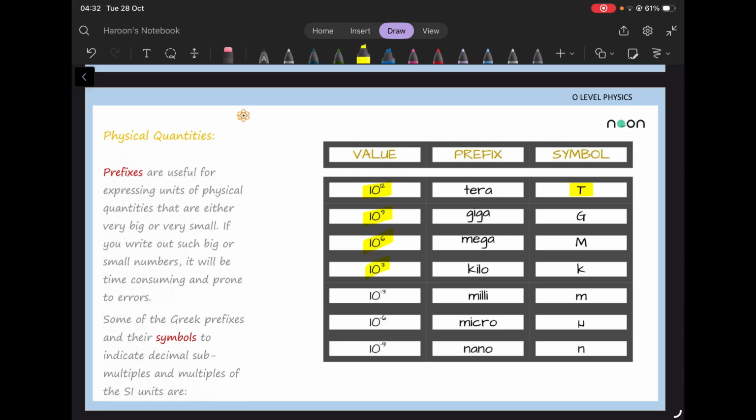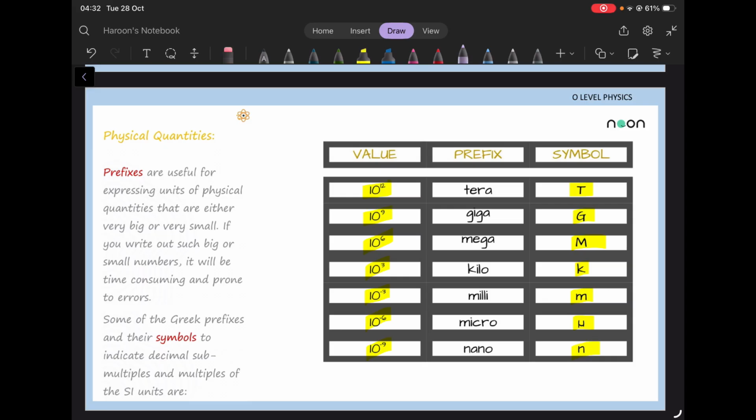You can see uppercase G for giga, uppercase M for mega, and lowercase k for kilo, not uppercase, lowercase. For milli, we have 10 raised to power minus 3 and lowercase m. Micro is 10 raised to power minus 6, and this is the symbol for micro. And for nano, 10 raised to power minus 9, and lowercase n is the symbol.